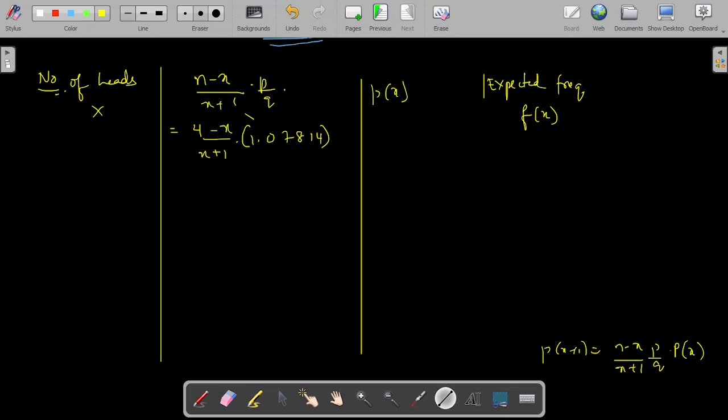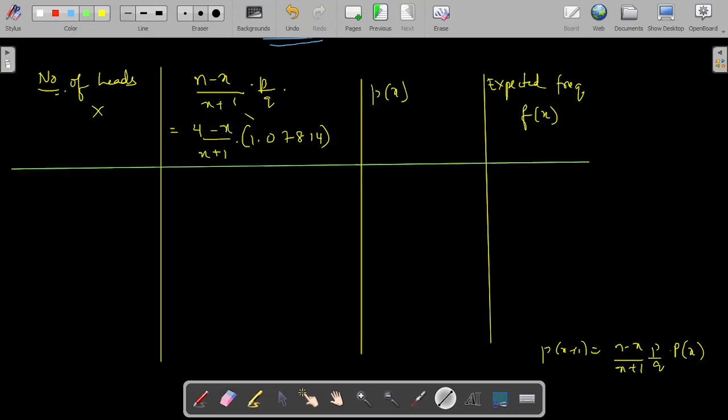Then we have P of x. Then we have the expected frequency. Now x takes value 0, then 1, then 2, 3 and 4.